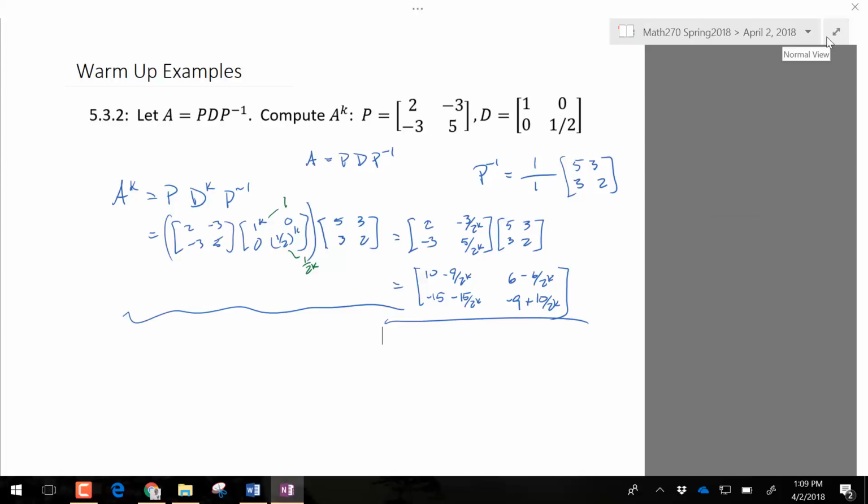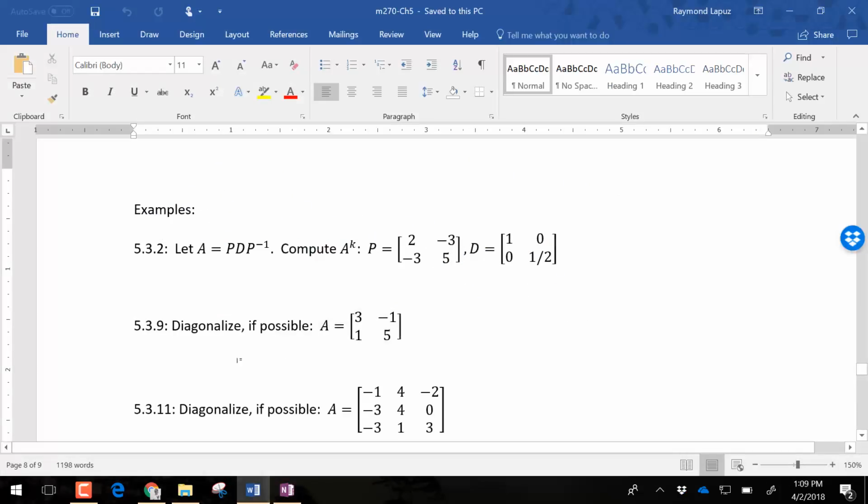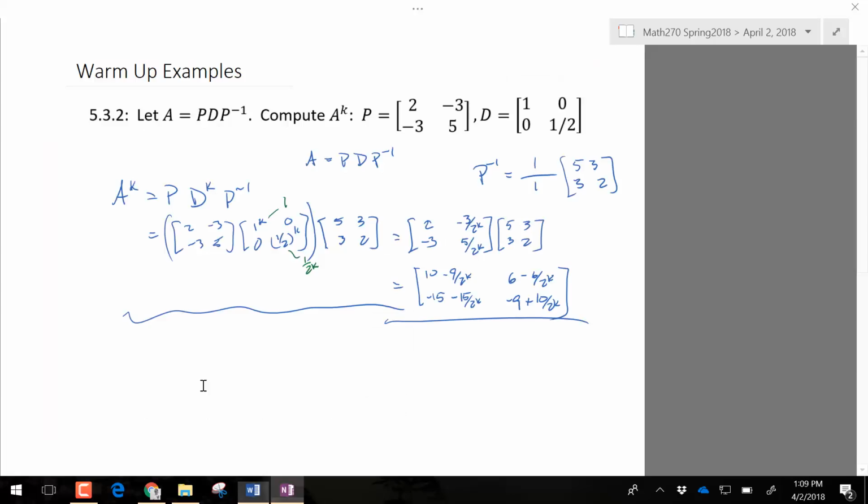So the next couple of problems are the actual diagonalization problems. So I'm going to have you try it out for a couple of minutes before I work it out myself. So let's try out problem number 9.